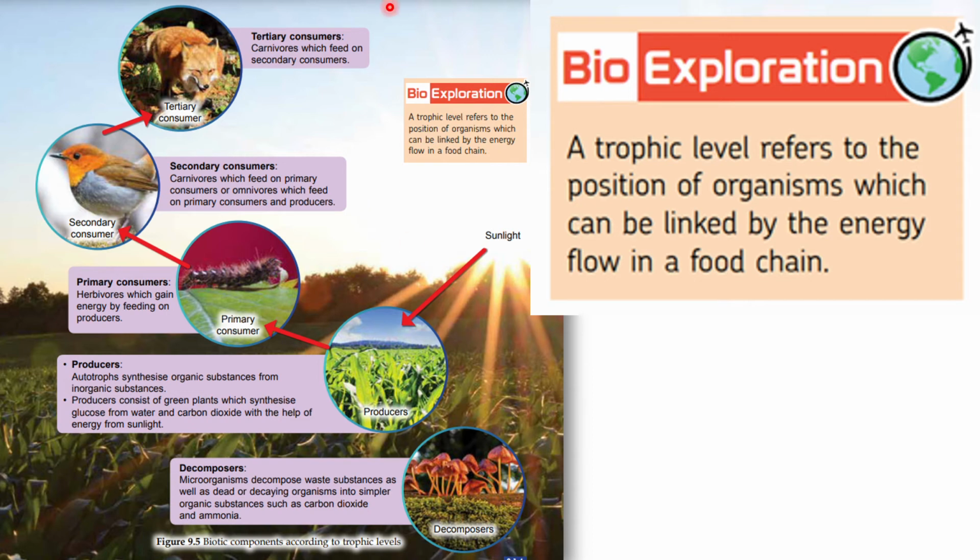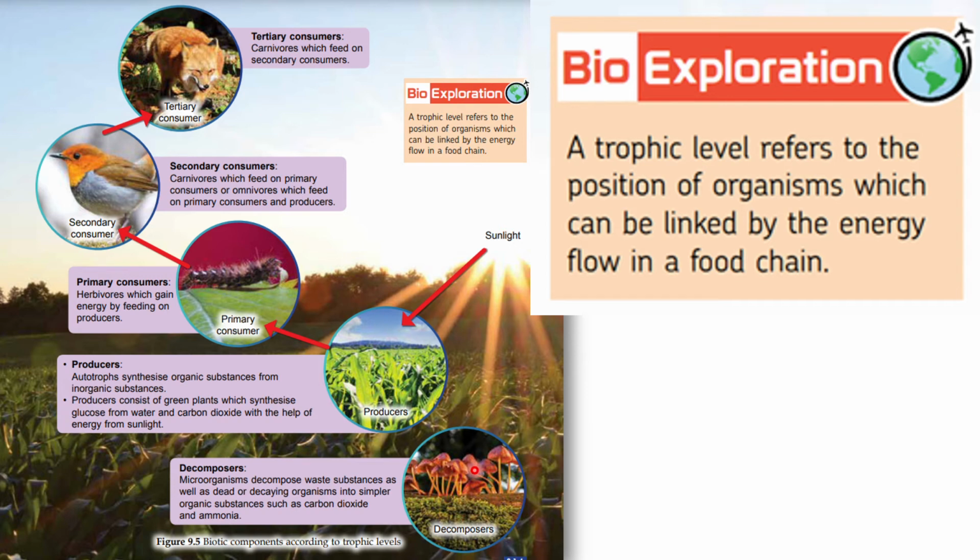Okay, not to forget also, which is not included here in the chain, you see, there's no direct linkage, but it plays a very important role in maintaining the balance of the ecosystem, and that's the decomposers. Who are they?